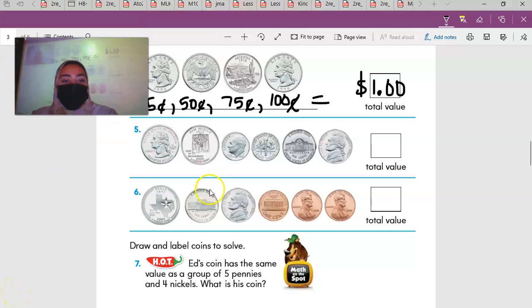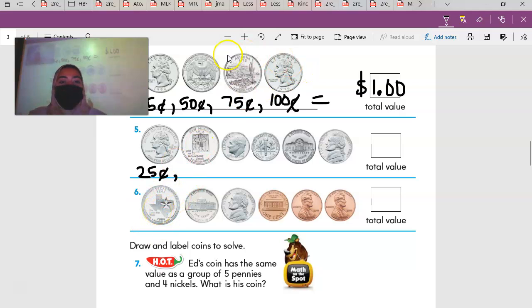All right, now if we look at it, this quarter, number 5, is 25 cents. Now, if I look at the second one, a lot of y'all are asking me, Miss Yusuf, is that a quarter? Yes, it is a quarter. This is how the back of some quarters look. Not all quarters have the same back. See how this one says Arizona? This one says New Mexico. This one says Texas.